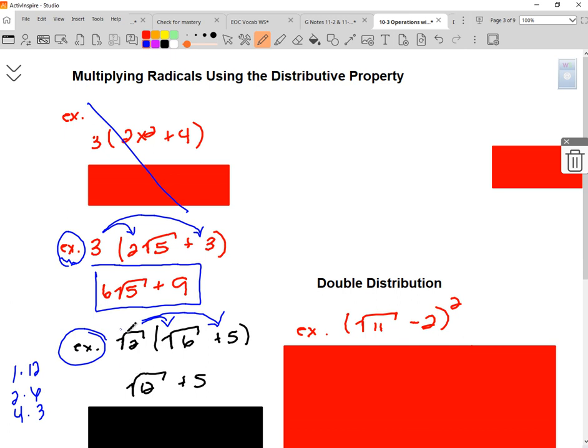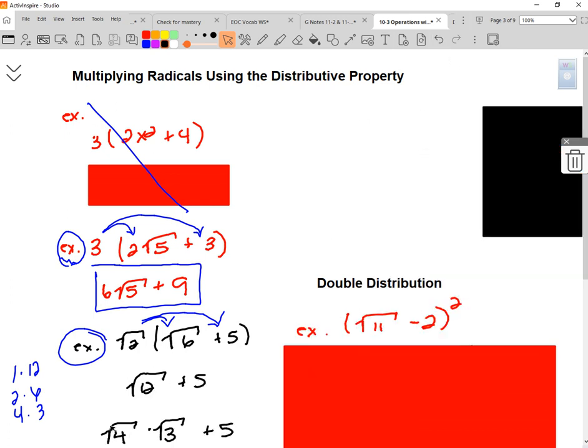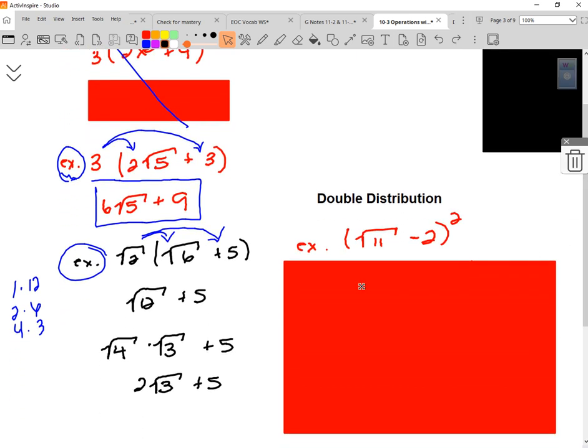So now, we've distributed, but once we distribute, if we can simplify the square root, then we have to go back and do that. So now the square root of 12 is the square root of 4 times the square root of 3 plus 5. Square root of 4 is 2, right? So that's 2 times the square root of 3 plus 5. That would be your simplified expression.